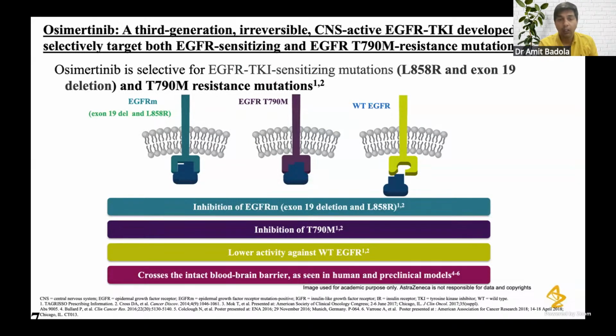The T790M mutation is the most common mechanism of resistance with first generation TKIs. That means if a patient is on a first generation TKI like gefitinib or erlotinib, the cause of progression is this mutation in about 50% of patients. Another good thing about osimertinib is that it crosses the blood-brain barrier, so CNS progression is much less compared to first or second generation TKIs.